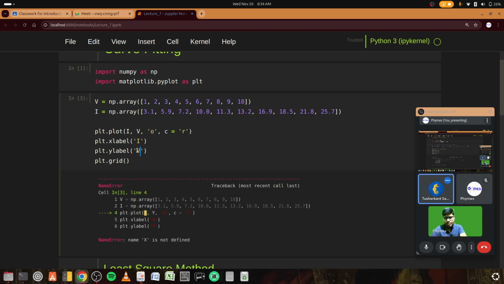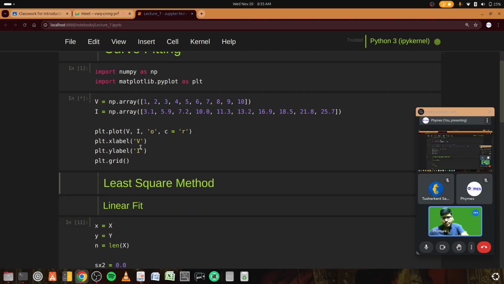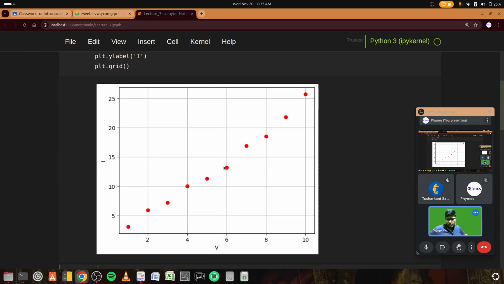No, here yes. So here V will be on the x axis and I will be on the y axis. Then the x label is V and the y label is I. Then run it.